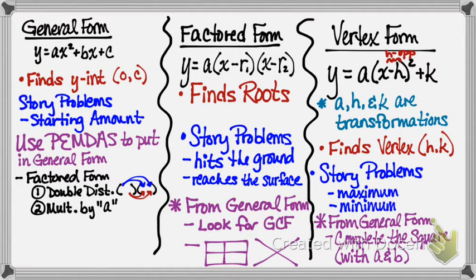If it starts off in vertex form, I'm still going to use order of operations, but vertex form has a squared piece, so I have to do the exponent first.